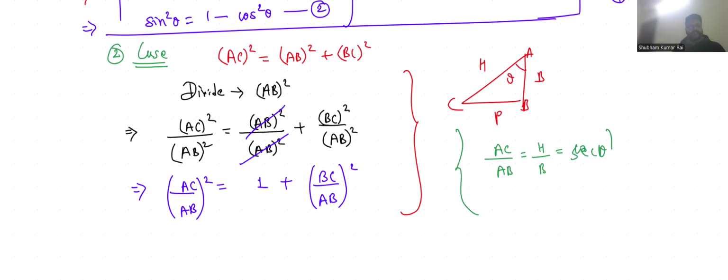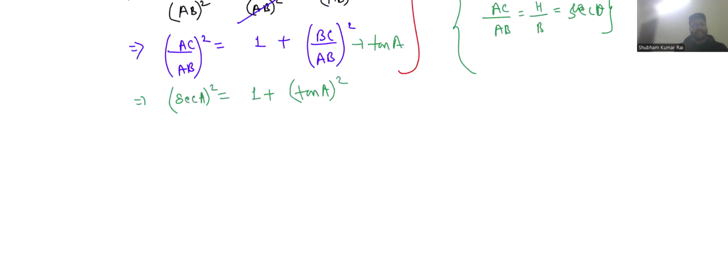So here we have got sec square A is equal to 1 plus, and this resembles tan A, so it will be tan square A. So if I finalize the equation, I will be getting 1 plus tan square A is equal to sec square A, this is equation number 1.